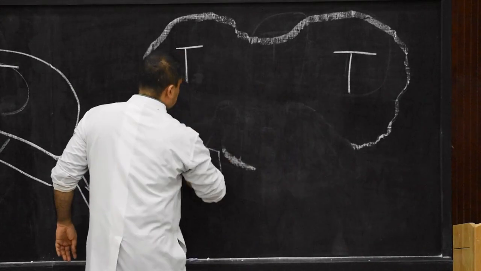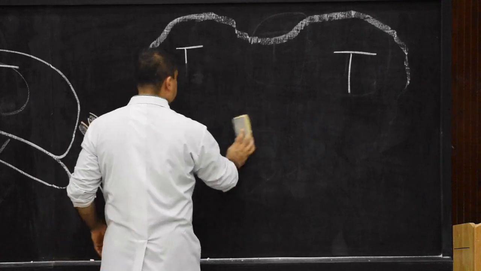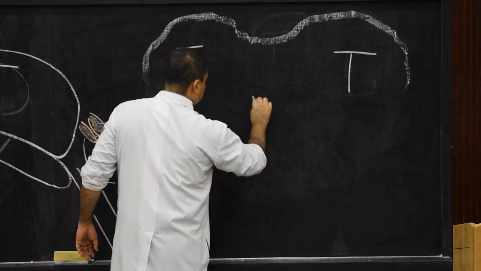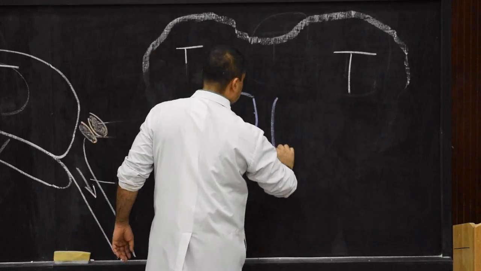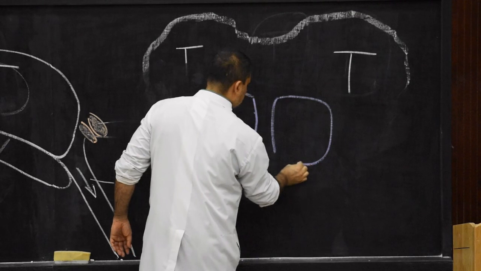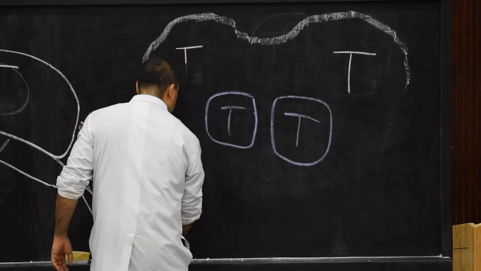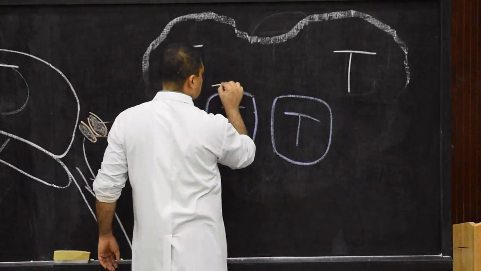Now, I will show you the changes that will be, here we show that in future there will be the two thalami which are in this way. Then these two thalami will have the cavity of third ventricle here.